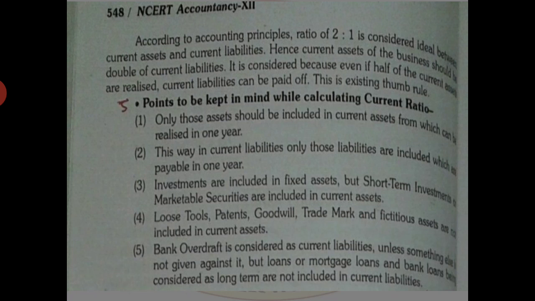Then next, bank overdraft is considered a current liability until and unless something else is given against it. But loans, mortgage loans and bank loans are considered long-term loans and they are not considered current liabilities. So the last point you must remember.